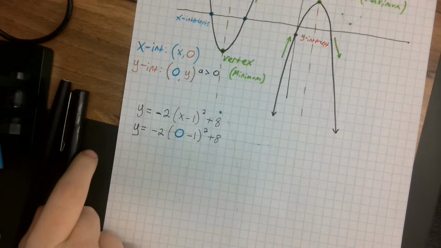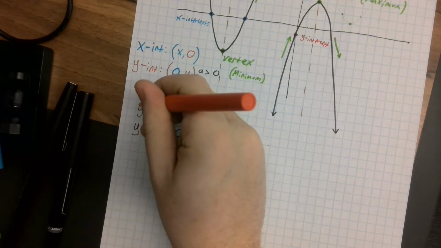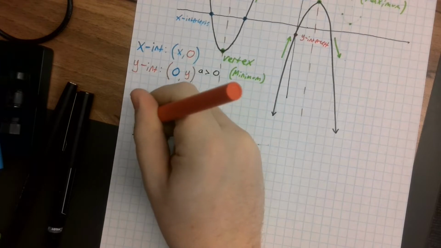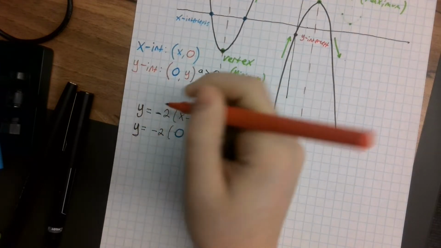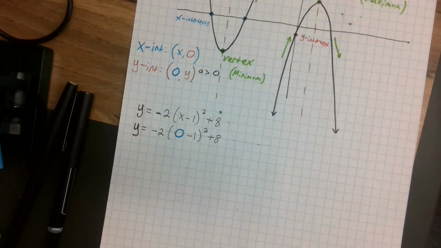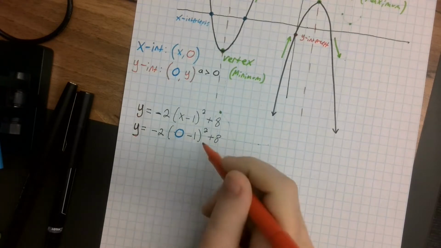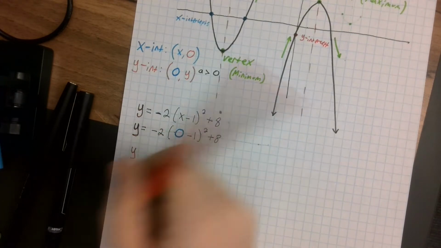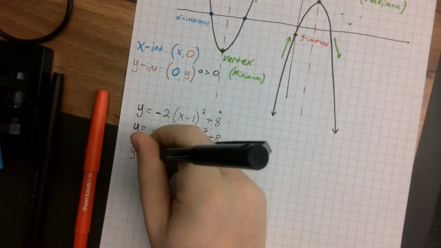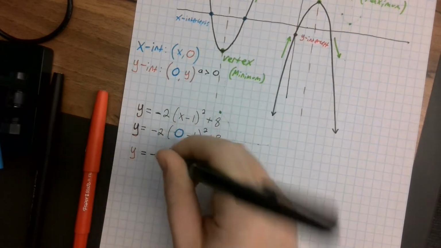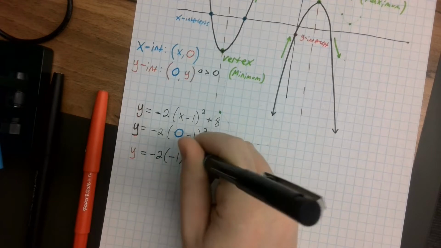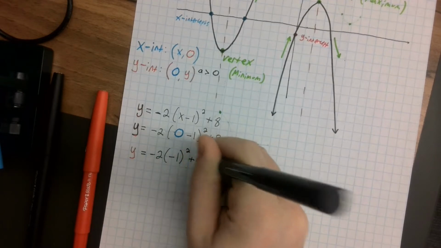Do we spot anything we can simplify here? I'm just going to draw these y's in red so we always remember what we're really looking for. Is there anything we can simplify? Well, 0 minus 1 can be simplified, right? That one's an easy one to simplify. That's just negative 1. So this is y equals negative 2 times negative 1 squared plus 8.